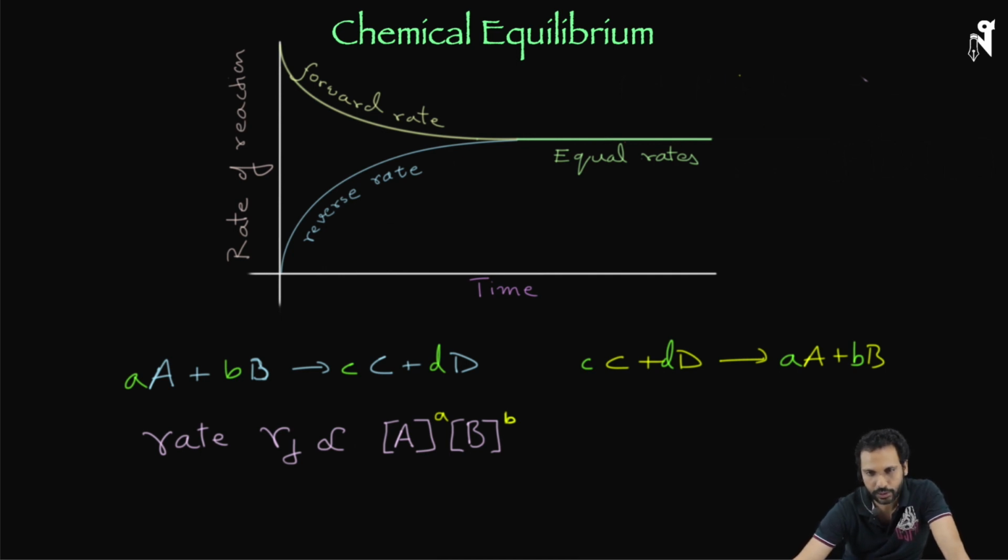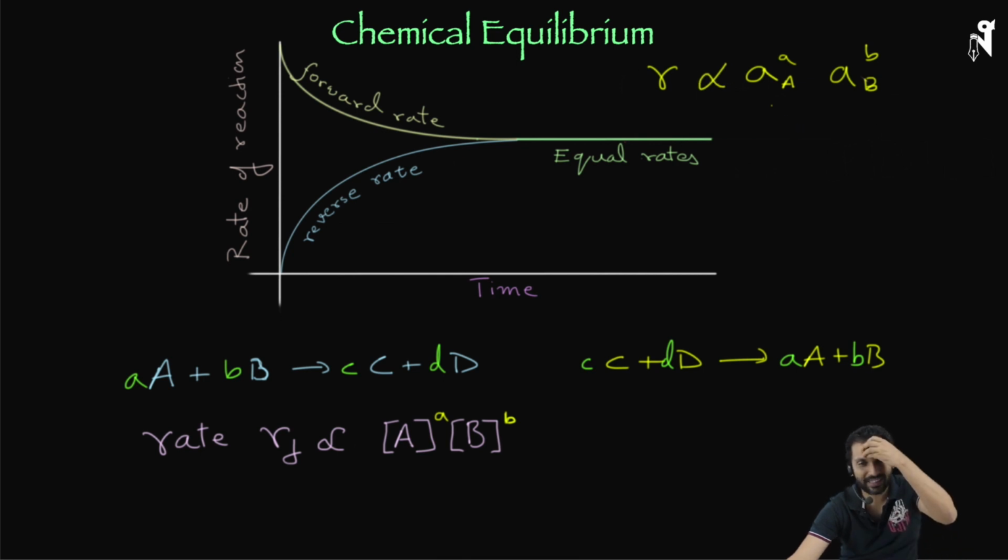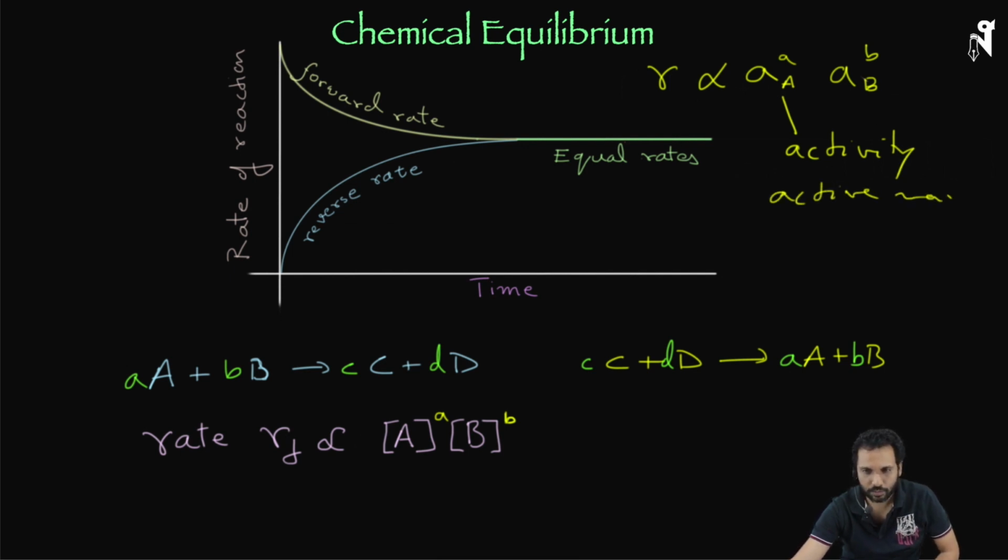So instead of concentration, it would be small a, which is the activity of A, power a, activity of B, reactant B, power the coefficient of the balanced reaction. That would be in the minimum integral form. That's the standard way of writing it. So the rate will be proportional to that, where a is activity and b is activity, or active mass. In fact, active mass.